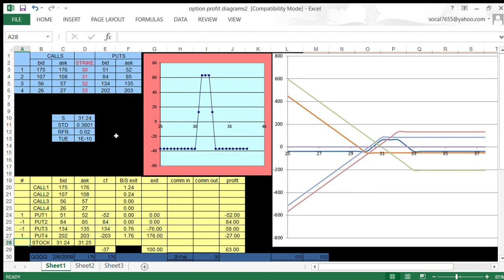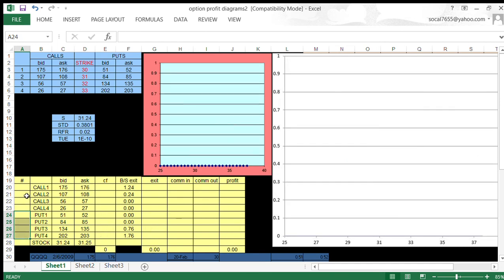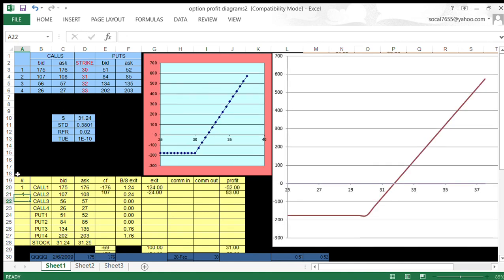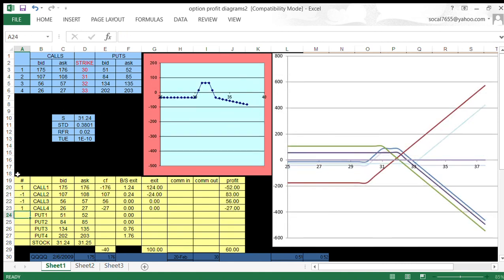Now, let's consider the creation of this with calls, just to show you that it's possible. And so I'll go again and I'll go long call 1, short call 2, short call 3, long call 4.